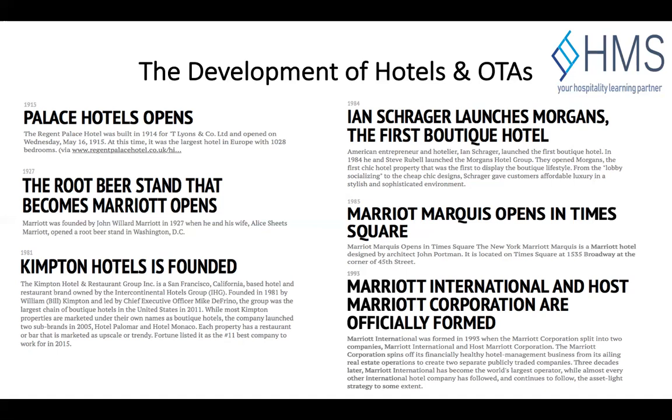The Marriott Corporation spins off its financially healthy hotel management business from its ailing real estate operations to create two separately publicly traded companies. So, Marriott International is a hotel management business company, whereas Marriott Corporation is a publicly traded company which specializes in real estate operations.